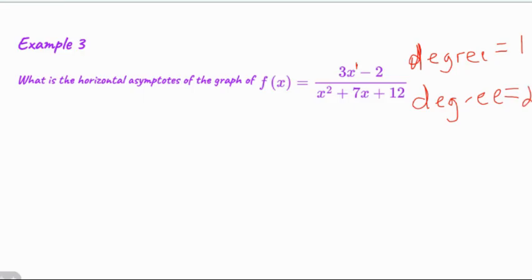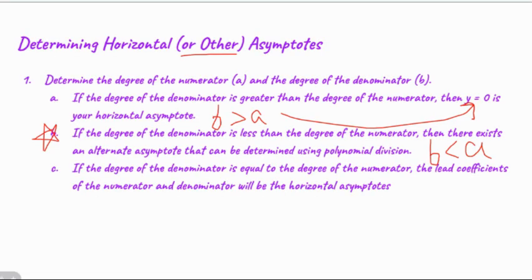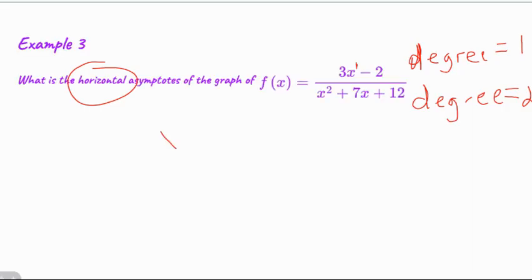You got to figure out the degree of the numerator, degree of the denominator when it comes to horizontal asymptotes. Now, going back to our rules, the denominator is greater than the numerator. So looking back at this, that would be part A, y equals 0 is our horizontal asymptote. And we're done.